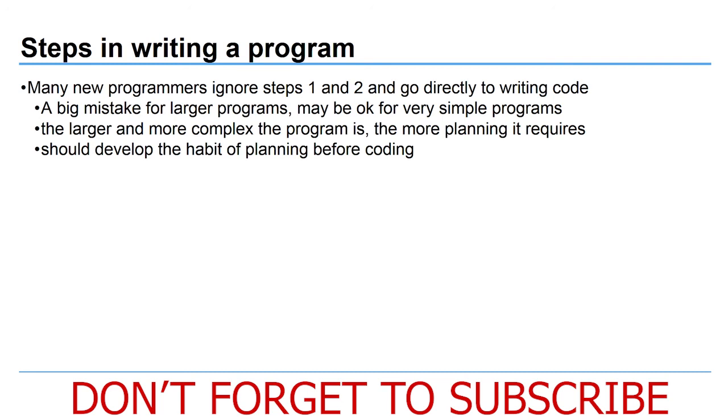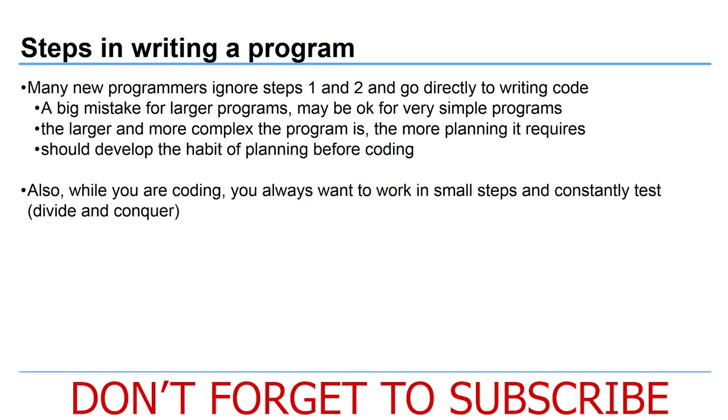You can often plan things by writing things down on paper. There's all sorts of nice documentation, designing languages out there and things you can use. But you always want to basically plan efficiently. And then as you're coding, I mentioned this earlier, but this is another very, very important concept. You always want to work in small steps, divide and conquer, and you want to constantly test.